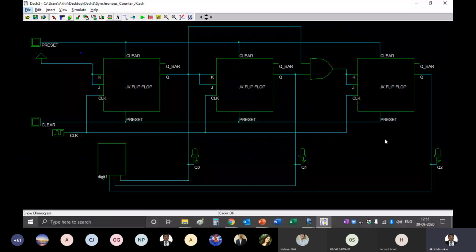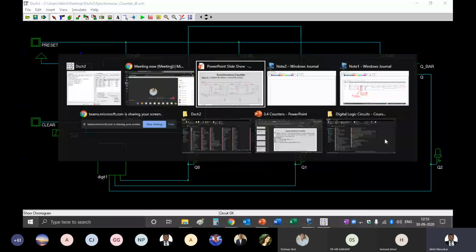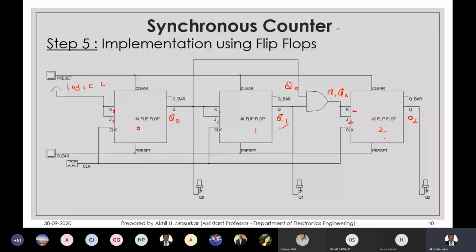So I'll just come back to this diagram. Let me show you the next part. So this is our diagram. It is the same that I showed you just now. Just now we simulated this thing. And step number 5 was implementation of this diagram.